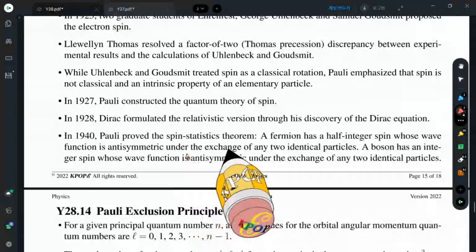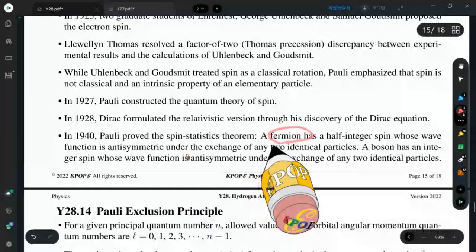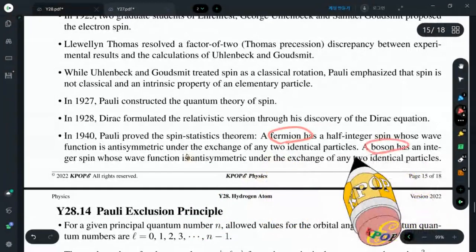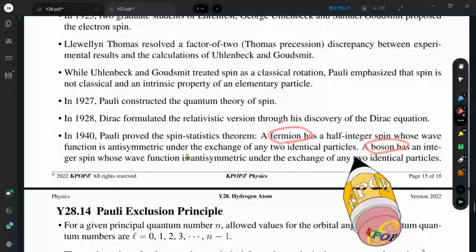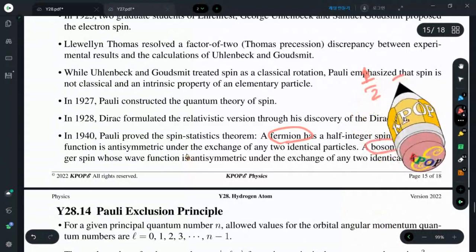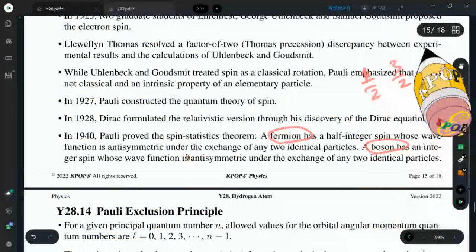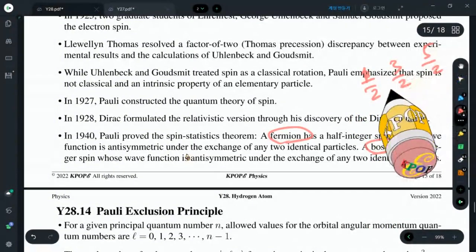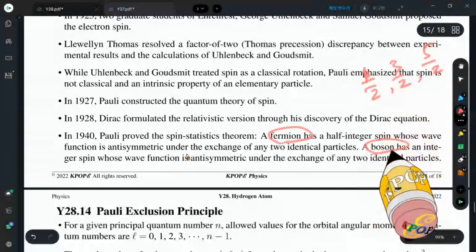In nature, our matter is composed of fermions and bosons, and any particle has its own intrinsic spin that is either an integer or a half integer. The electron is a half integer, 1/2, and there are many other particles of higher spin.